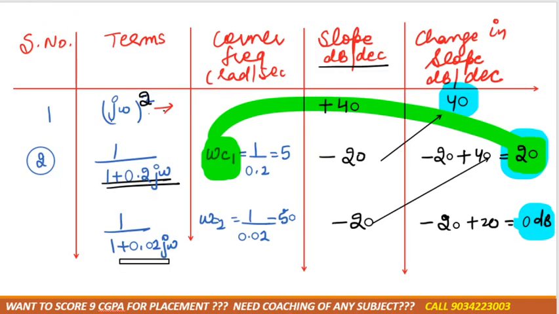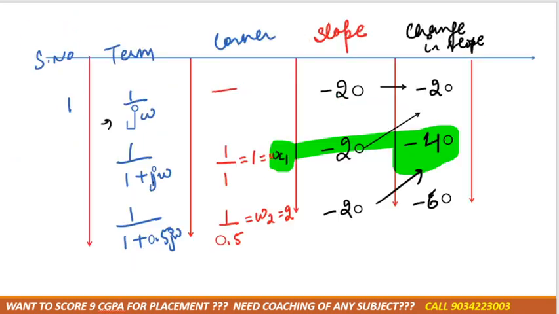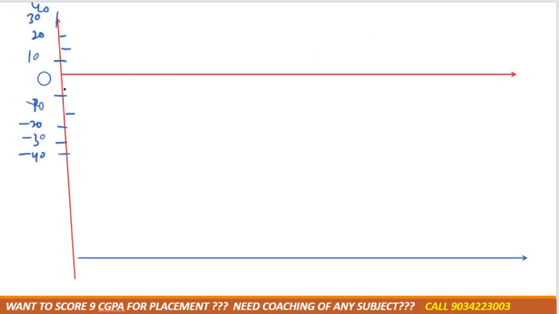Let's see from the table only. One of the corner frequencies is 1, right? Our graph starts from 0.1, then 1, then 10, then 100. One of the corner frequencies is 1, so we can mark this point as 1. The other corner frequency is 2, so we can mark this point.